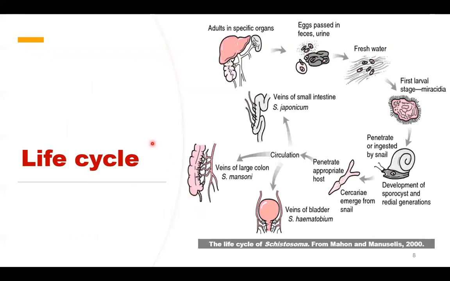So what is the life cycle like? You have a patient who is infected, okay? Now this life cycle picture shows what happens with both haematobium and mansoni, but we are going to focus on haematobium, like I said.